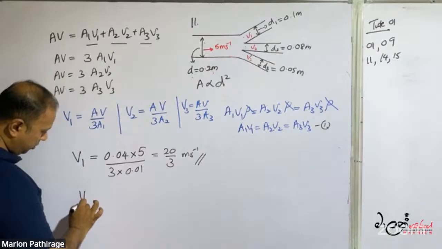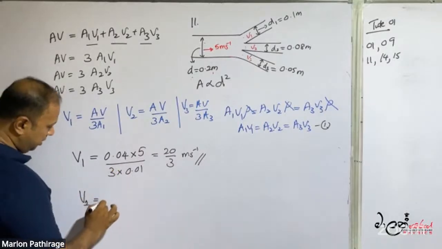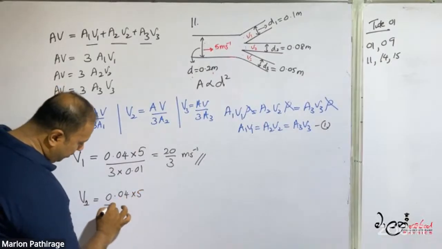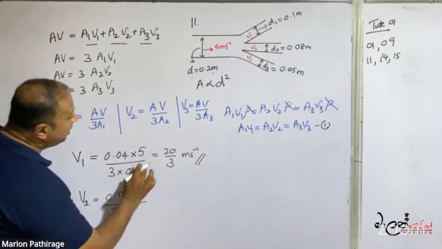V2 is equal to 0.04 into 5 divided by 3 times A2.